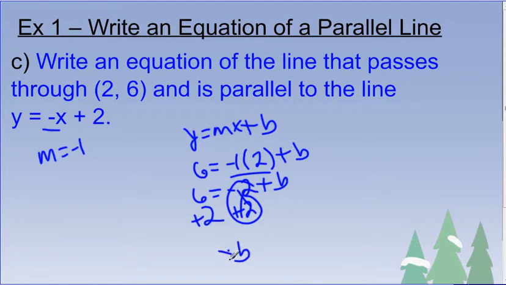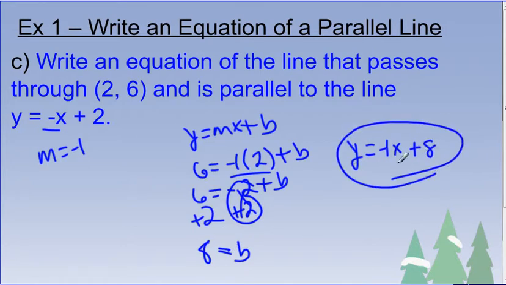And b equals 8. So now that's the intercept. So I'm going to use the same slope, which is negative 1, and my new intercept, and that's the line that's parallel to this one, but going through this point. It's parallel because they have the same slope of negative 1.